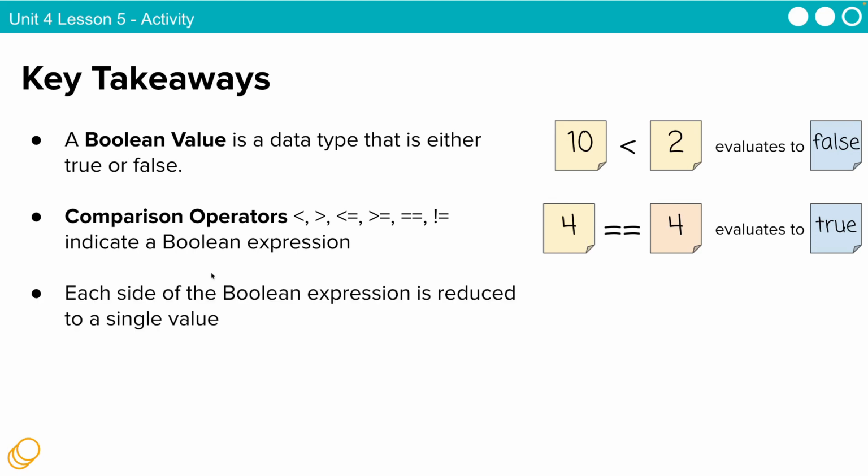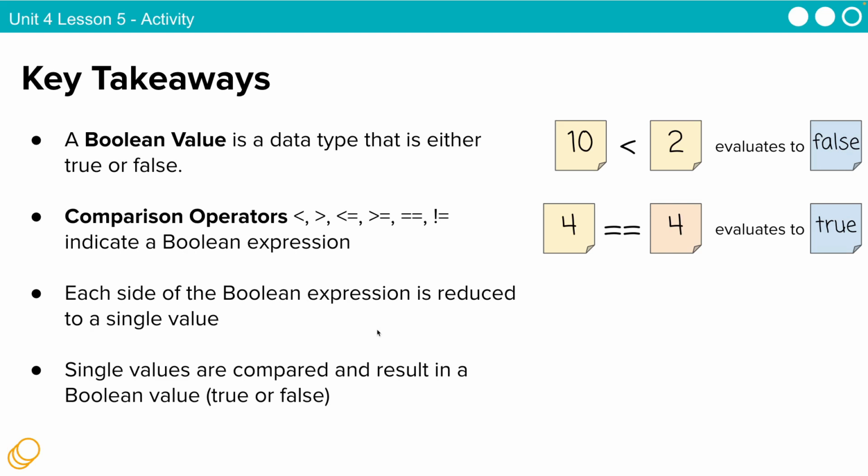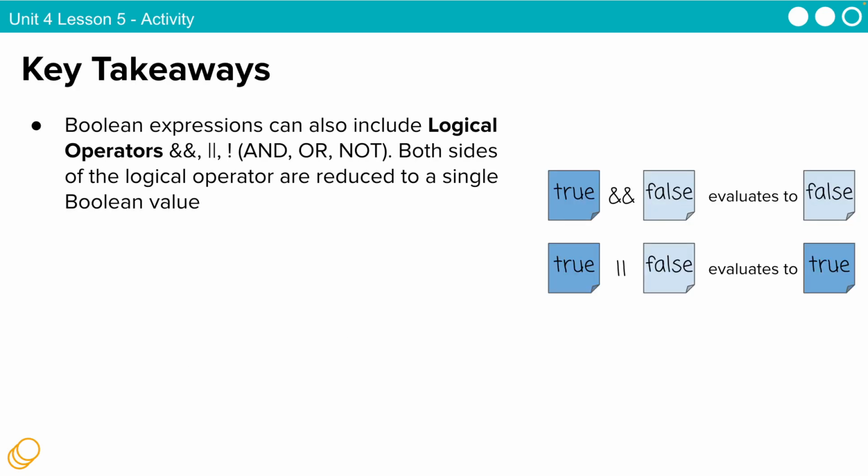So comparison operators, right, indicate a Boolean expression. Each side of the Boolean is reduced to a single value, and single values are compared, and the result is a Boolean value of some kind, either true or false. Boolean expressions can also include logical operators: the ampersand, the or, and the bang operator, and, or, not.